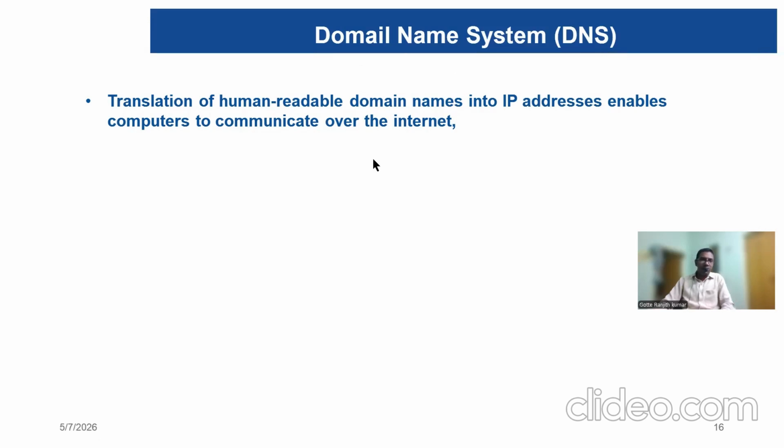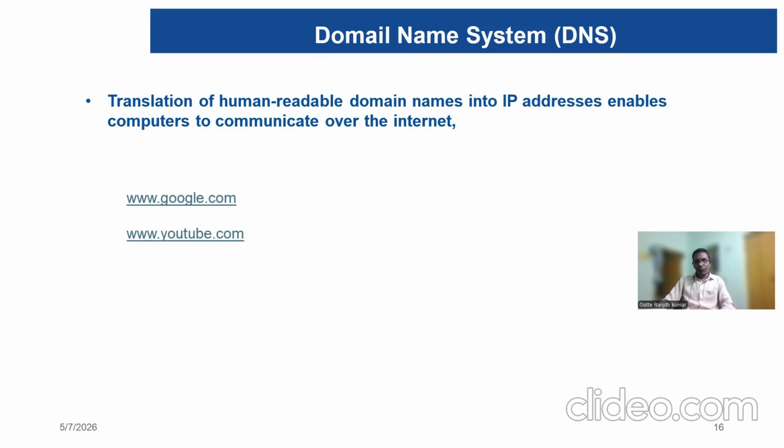So let us take one example. Here we are trying to open this website, google.com, youtube.com, or facebook.com. Whenever we want to open any website, we simply type the name of the website, because these names we can remember.